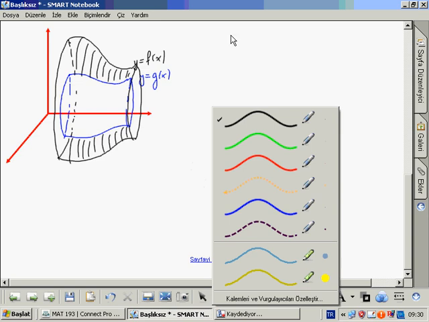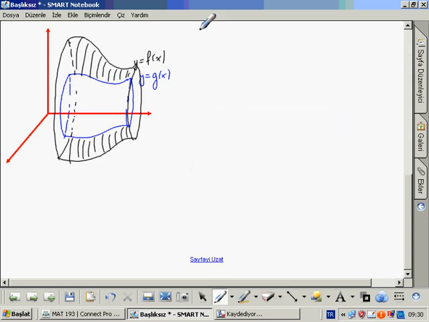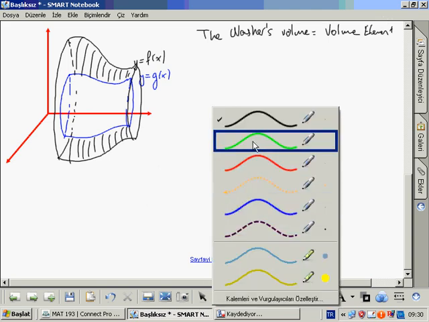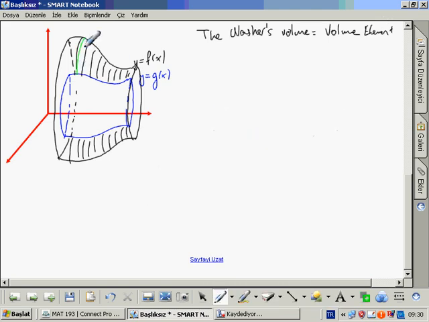What will it be? The washer's volume equals the volume element, and the volume element can be shown by only this part.